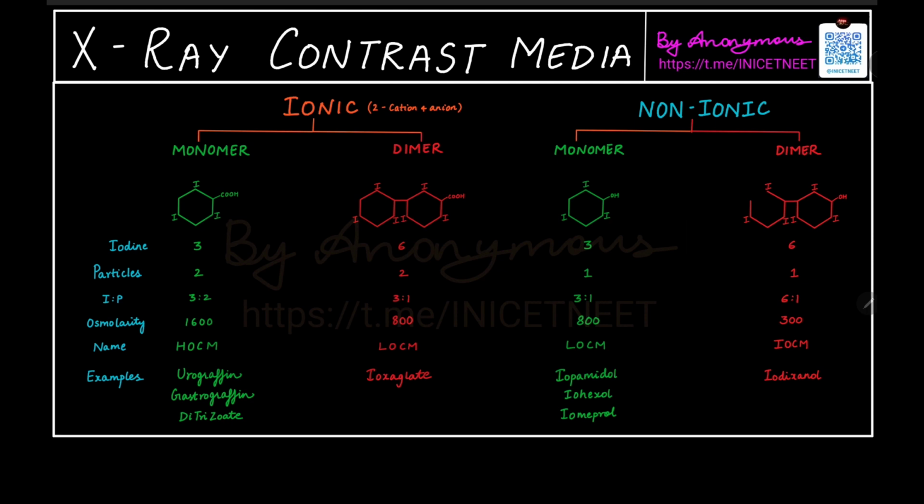Cost wise, ionic agents are much cheaper and non-ionic are much more expensive. The disparity between them has reduced compared to the past, but non-ionic is still much more expensive, so it is much less used. Non-ionic dimers especially are much less used in India.